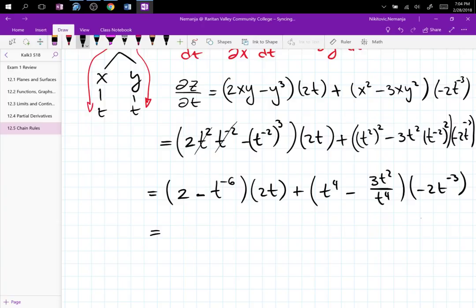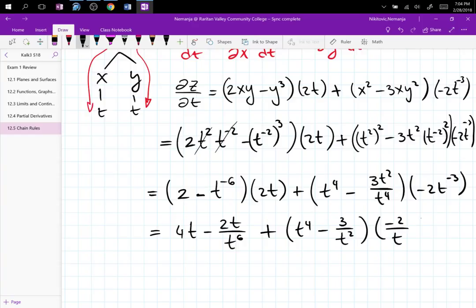Multiply over here, we get 4t minus 2t over t to the 6, since we'll do cancellations later. Over here I have t to the fourth minus 3 over t squared, times negative 2 over t cubed.